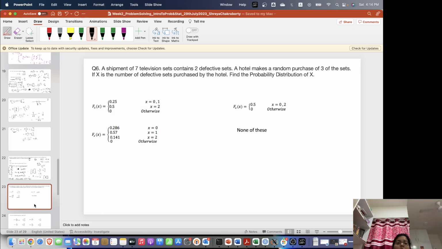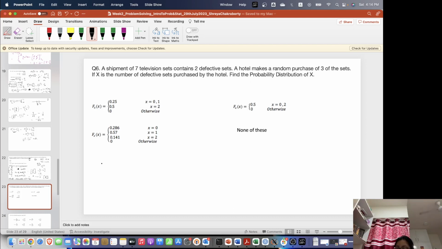Okay. A shipment of 7 television sets contains 2 defective sets. A hotel makes a random purchase of 3 of the sets. If X is the number of defective sets purchased by the hotel, find the probability distribution of X. So all we have to find out is what is the probability X equal to.